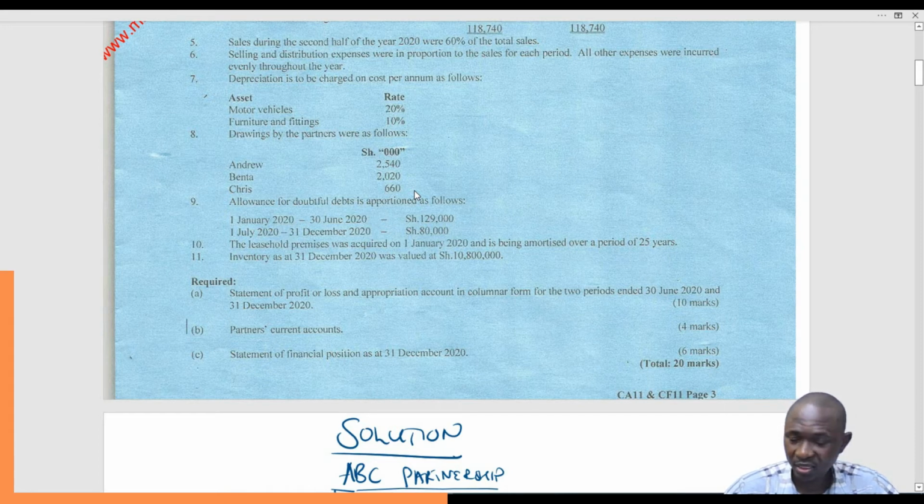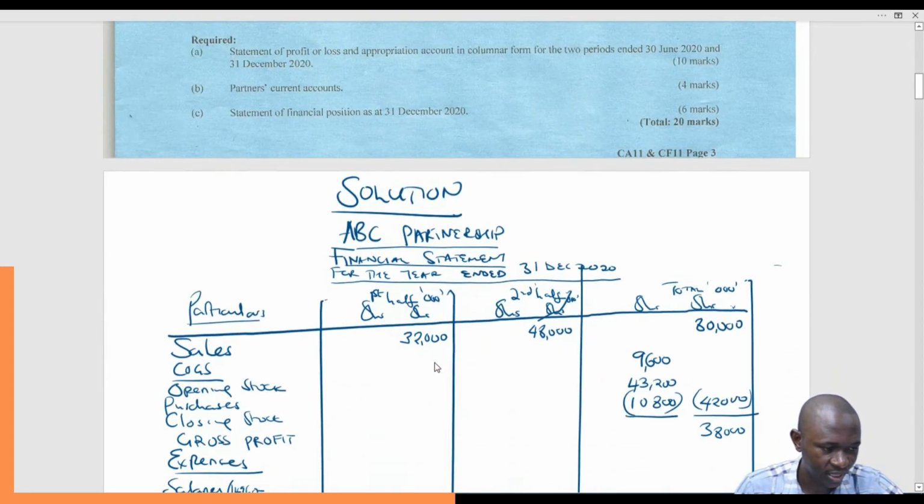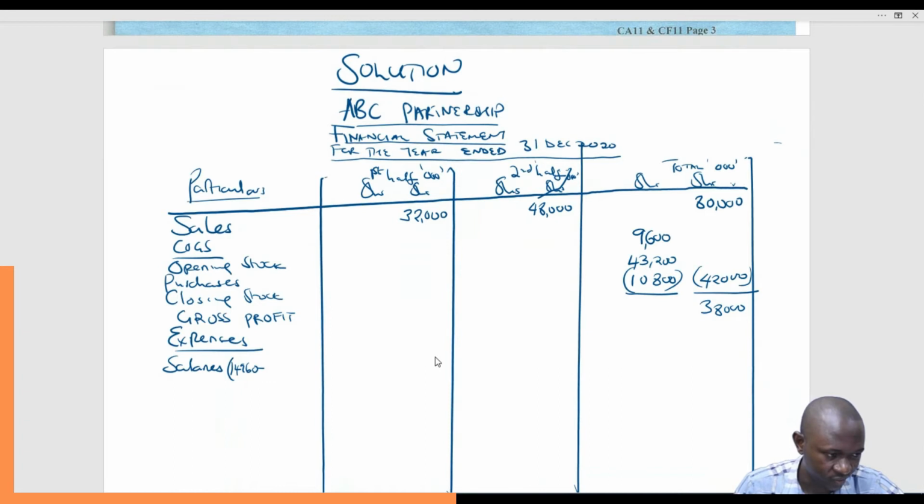If you add them, that is 5220. So we are going to deduct 5220, these are partners drawings, from 14,960. We have 9740. So this is 9740.